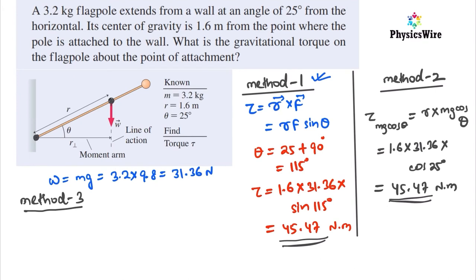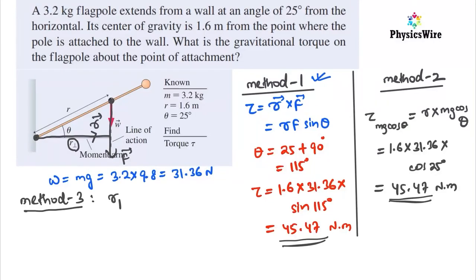Let's solve this same example with method 3. In method 3, we draw a perpendicular line from the fixed point to the force. So this is the force or weight and this is your r vector, and the magnitude is r perpendicular. You have to calculate this r perpendicular first.